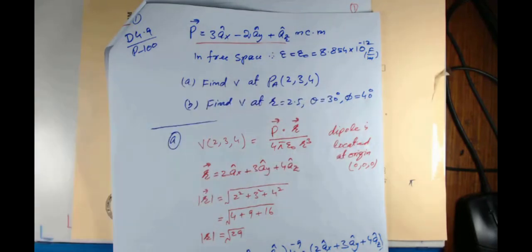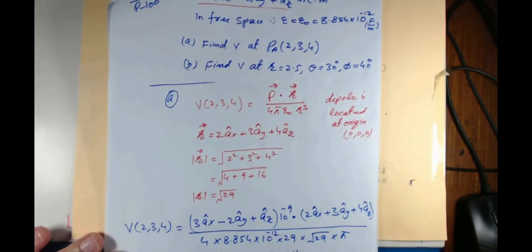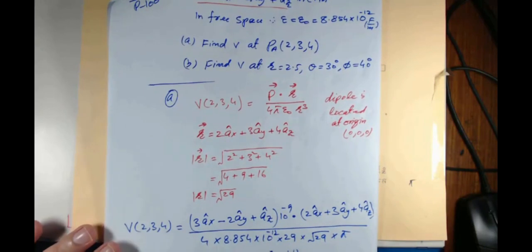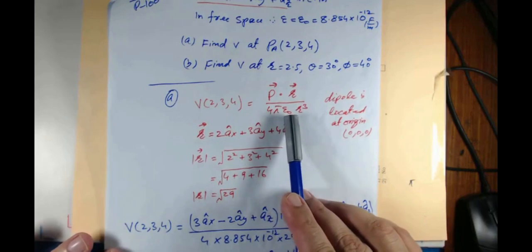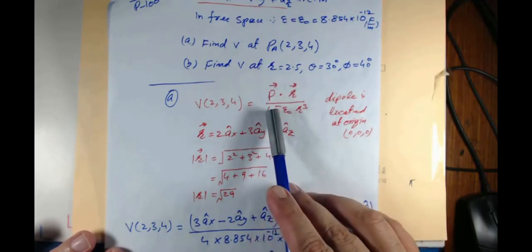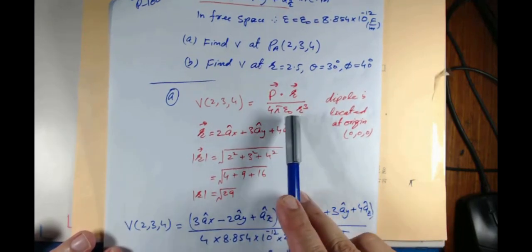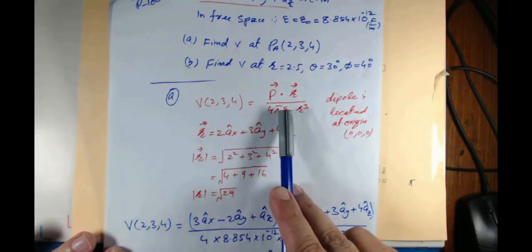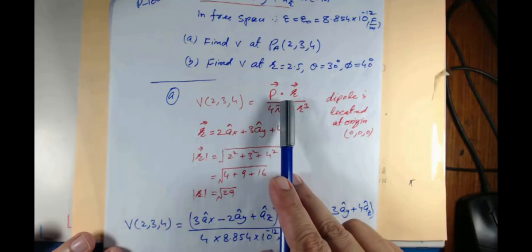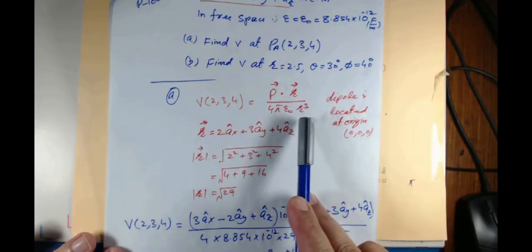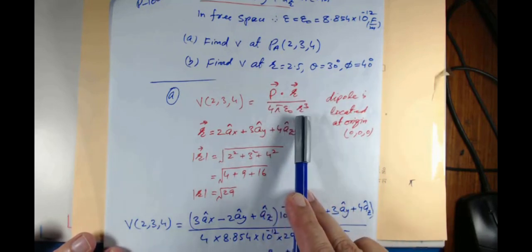And now, using the foregoing relation that we have obtained for an electric dipole which was aligned along the z-axis, in generalized form we can write the potential due to electric dipole in this form, that is P dot R divided by 4 pi epsilon naught R square.